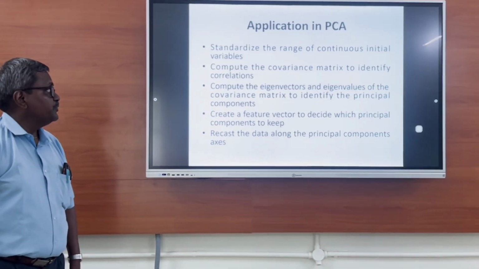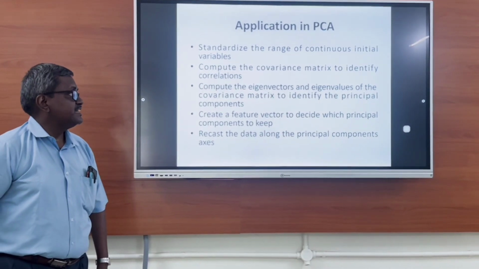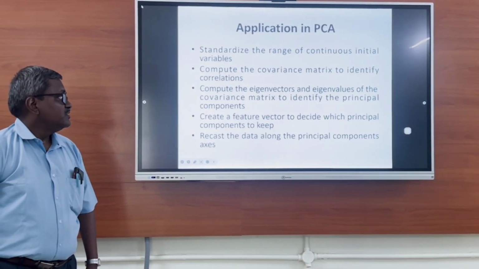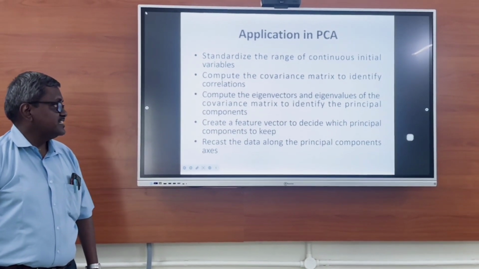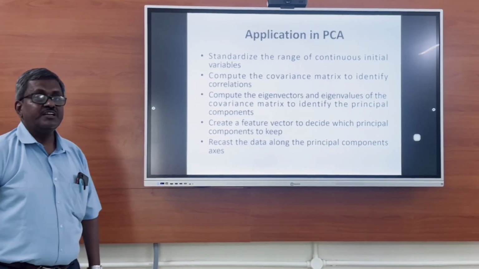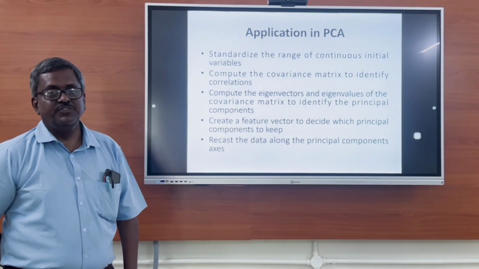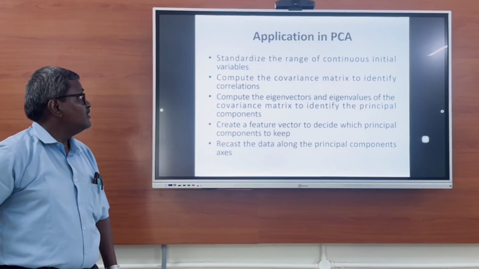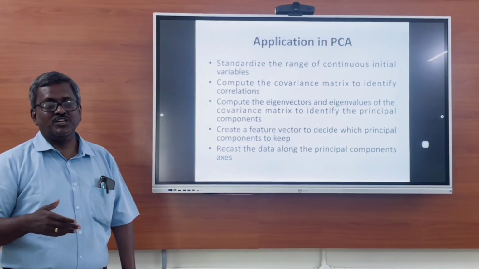Then we have to compute the eigenvectors and values of the covariance matrix. Then the feature vector is created. Then we have to recast the features. Features are attributes. These are the 5 steps involved. We will see one by one what are the 5 steps.